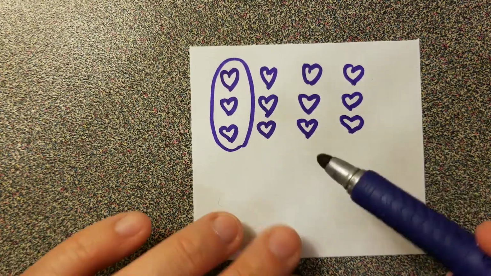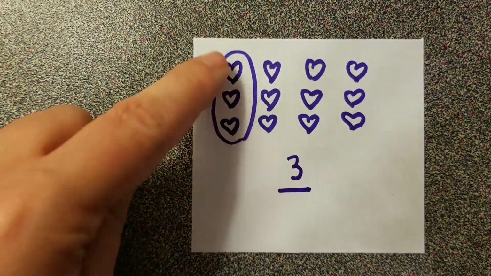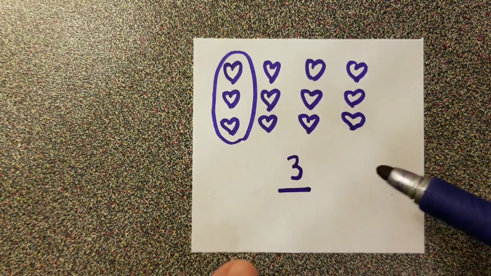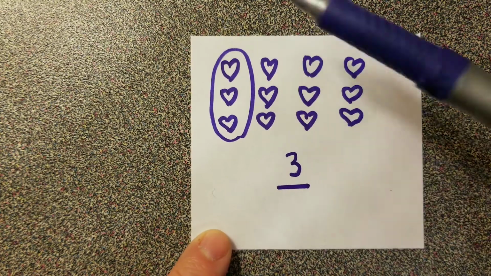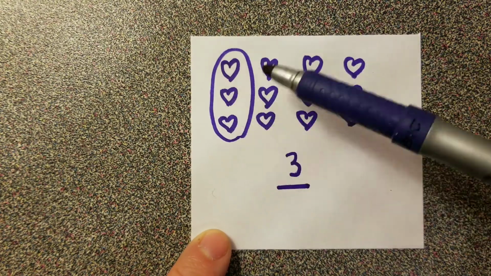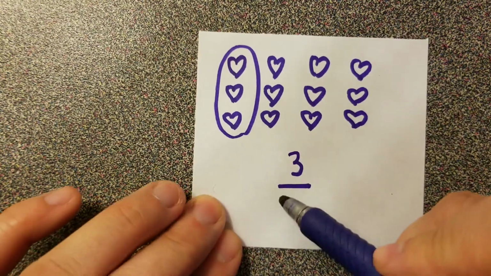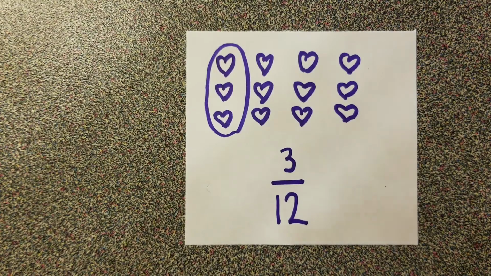There are 3 parts that we are focusing on for our question. 1, 2, 3. And then on the bottom, we write the whole thing, parts and whole. So the denominator is the whole. Let's say 1, 2, 3, 4, 5, 6, 7, 8, 9, 10, 11, 12. So there are 12 in total in the whole thing.